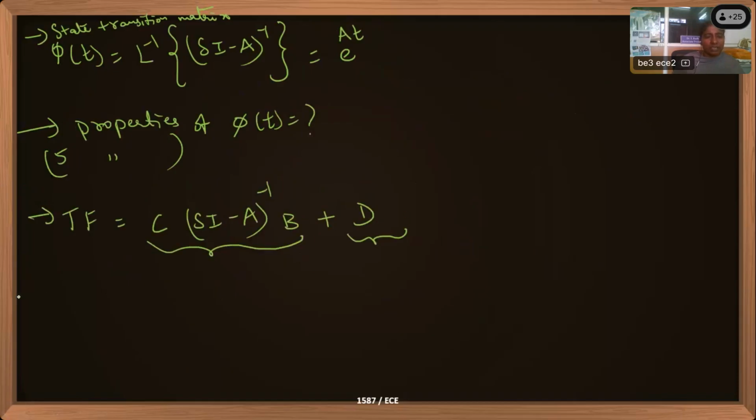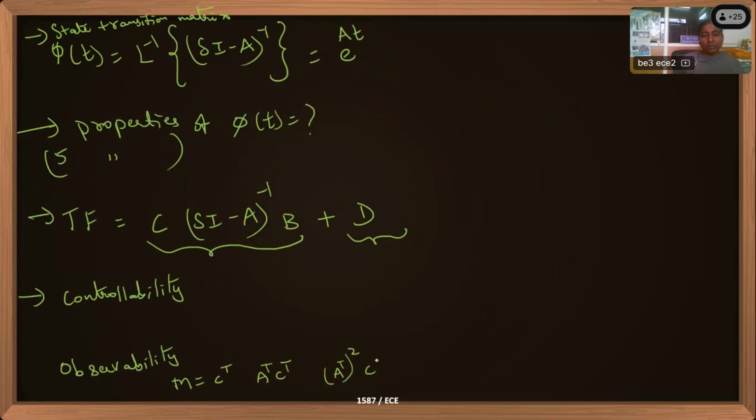Then lastly, controllability and observability. What is the formula for controllability? Q equal to M, something I have written. And for observability, M equals C transpose, A transpose C transpose, then A transpose whole square C transpose, and so on, up to A transpose whole power n minus 1 C transpose.